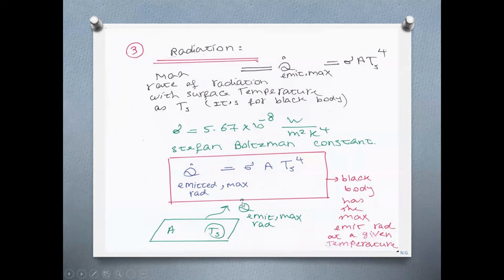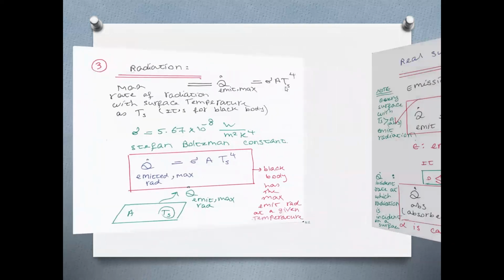You are emitting radiation, the table is emitting radiation, the ceiling is emitting. That is the maximum rate of emitted radiation for a body with surface temperature Ts and area A.